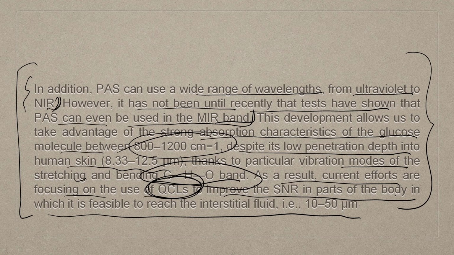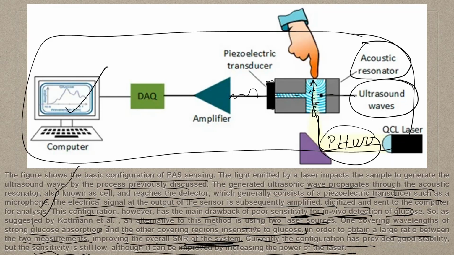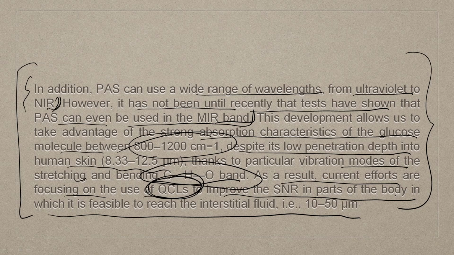So this is, in a nutshell, the basics of PAS and the recent developments happening in photoacoustic spectroscopy. Realize that slowly this whole field is now at the phase of integrating multiple sensors into textile, integrating them to your body via textile.